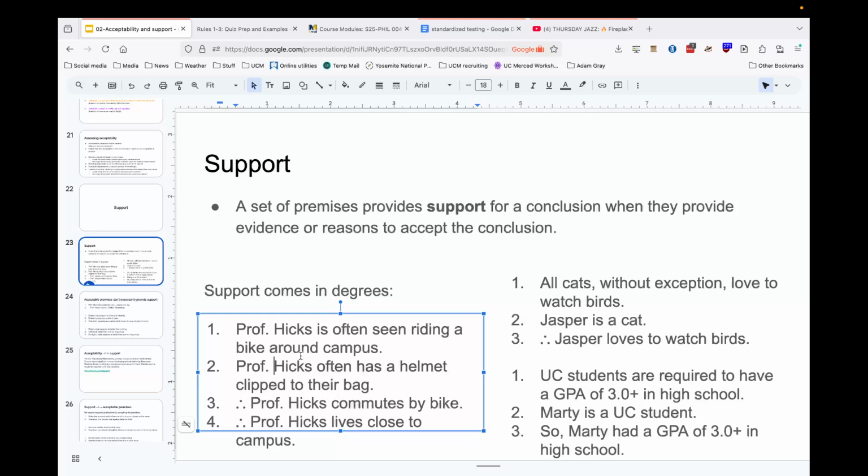And in addition, different kinds of arguments on the left-hand side have support work in different ways, and so we need even more specific kinds of tools. So after we finish this first unit, we're going to look at generalizations, or kind of statistical inference from a sample to a population. That requires one set of tools to think about what we call a representative sample and the data generating process.